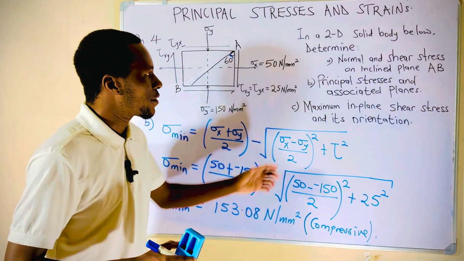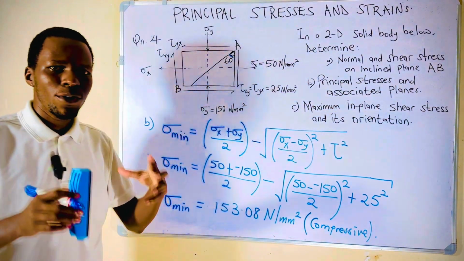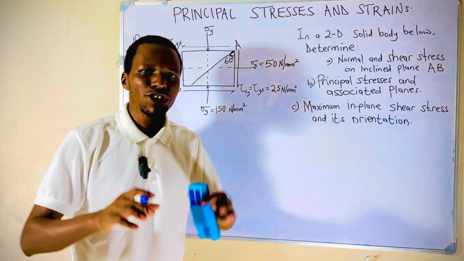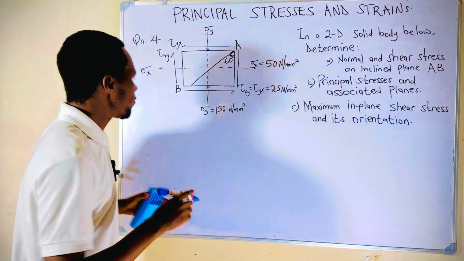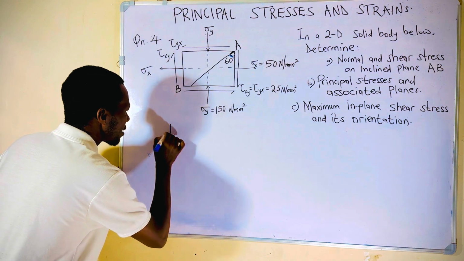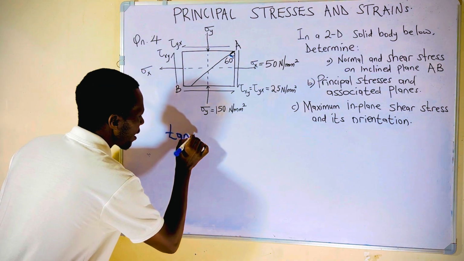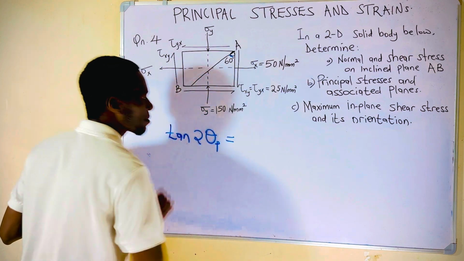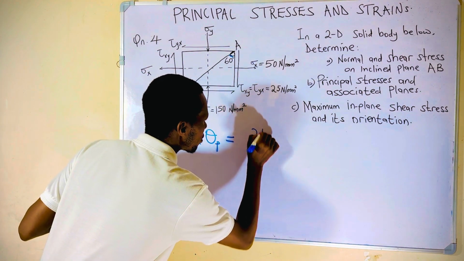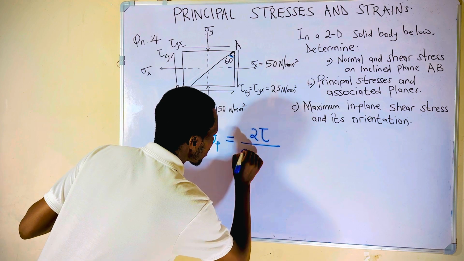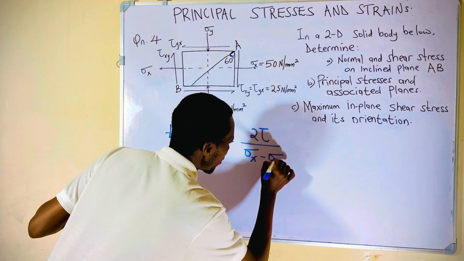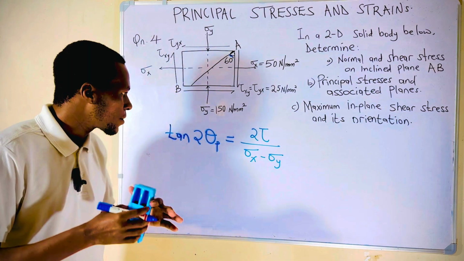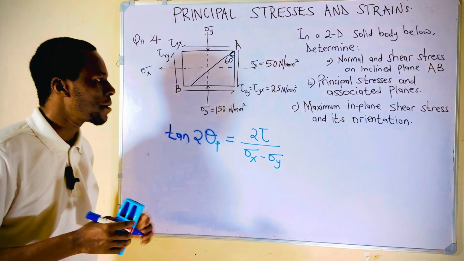Now you are done with getting the principal stresses. You have to find the associated planes. To find the associated planes, we have to consider the formula that I gave you in the introduction, which is tan 2 theta p, given by the expression 2 tau out of sigma x minus sigma y. If you know this expression, you have to substitute and find the value of theta p.